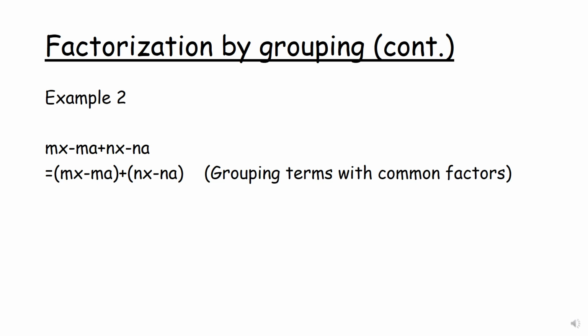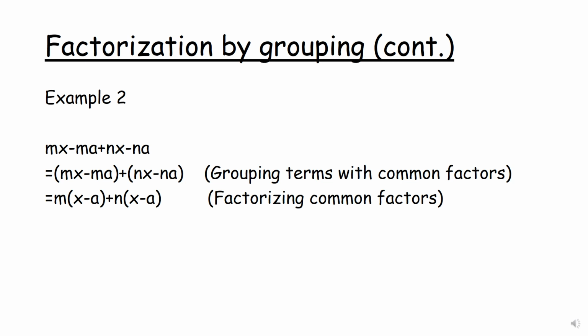M is common to mx and ma, and so we factor m out, and then n is also common to nx minus na, and so we factor n out. This gives us m times x minus a plus n times x minus a. And this reduces further to x minus a times m plus n because x minus a is common to both terms.